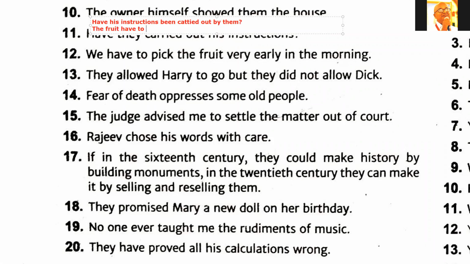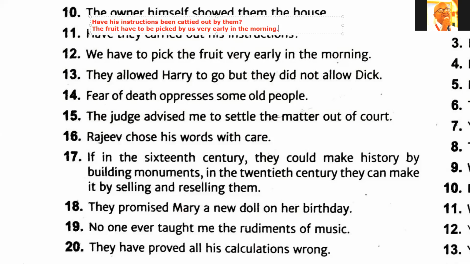Remember, fruit is such a word that when you make a plural of it, we don't add s. बट बहुत से बच्चे क्या करते हैं फ्रूट में कॉमनली एस जोड़ देते हैं. फ्रूट में कभी कभी एस यूज किया जाता है बट दैट इज अ वेरी रेयर अकरेंस. उसका रूल है, the fruit have to be picked by us very early in the morning. That is how you do this one.